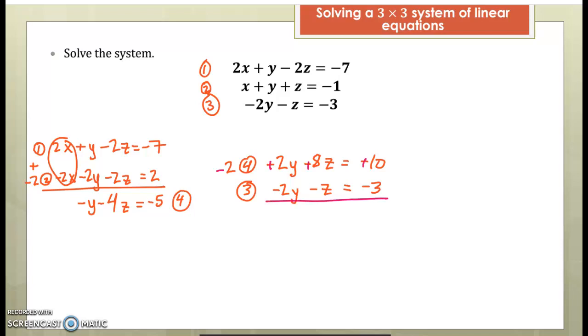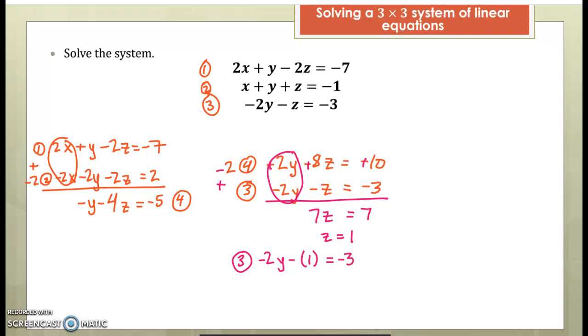And then when I add these together, my y's will go away, and I get 7z equals 7. So z equals 1. Now to continue to solve, I'll plug z back into 3 or 4. Let's plug it back into 3. So negative 2y minus z, which is 1, equals negative 3.